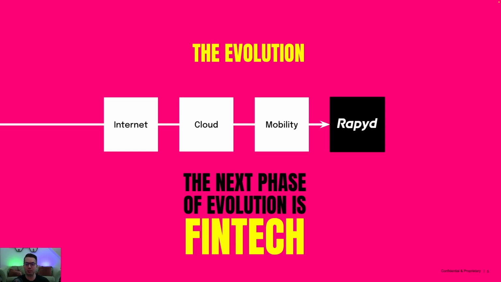Rapyd represents an all-in-one integration for everything a company needs as far as payments and money movement, even getting paid, moving money, paying out to your customers, paying out to your vendors, really everything that is needed to move money around for a business.